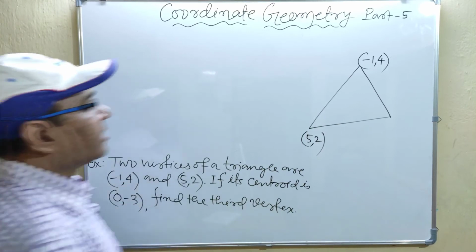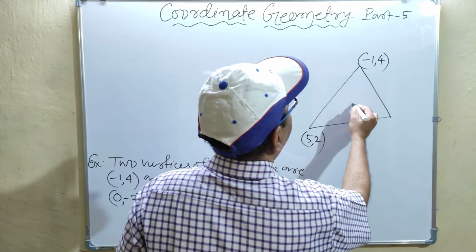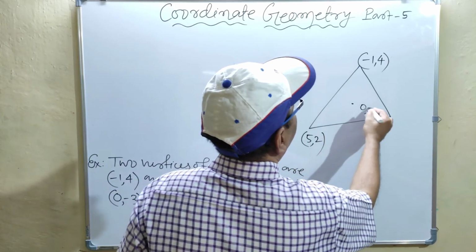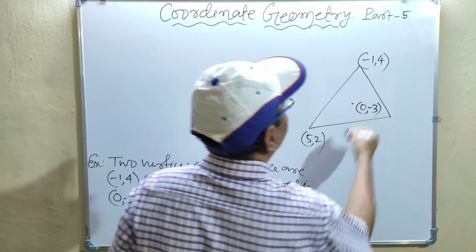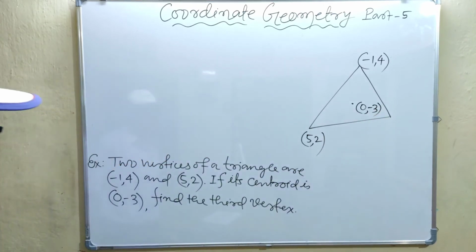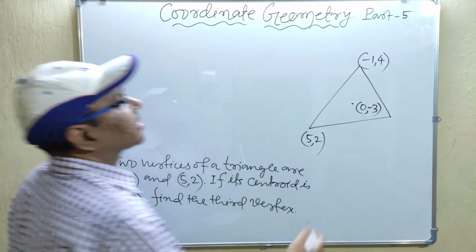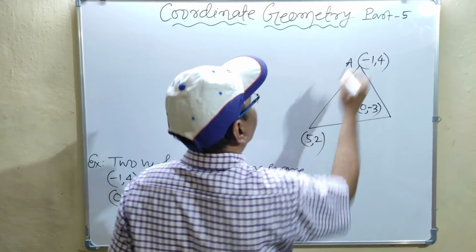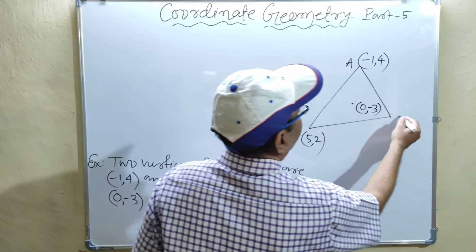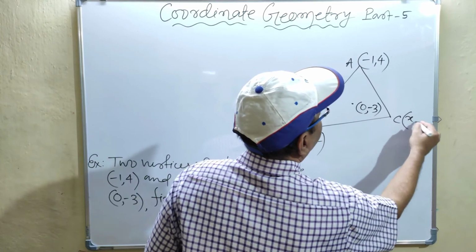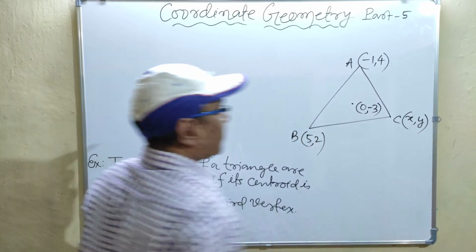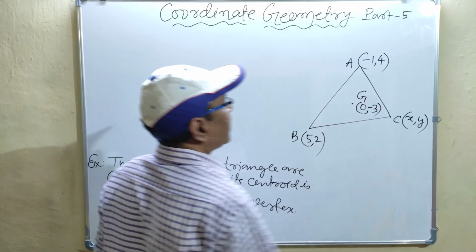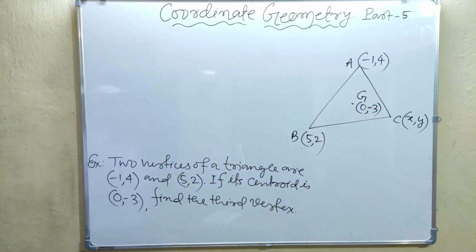One vertex is minus 1 4, another vertex is 5 2. This is what is given. If its centroid is given as 0 minus 3, then 0 minus 3 is the centroid of the triangle. Find the third vertex. This third vertex you have to calculate. This is A, this is B, the third vertex is C, which is to be calculated. Let it be XY. And this is your centroid G, 0 minus 3.